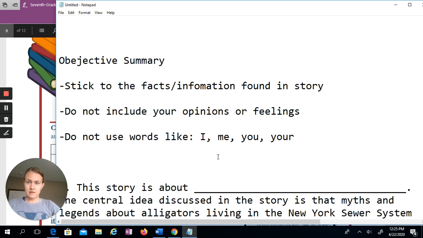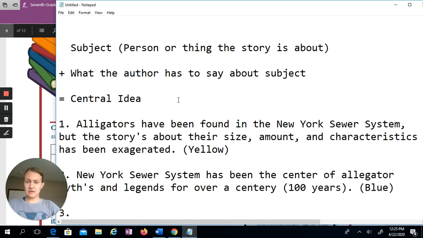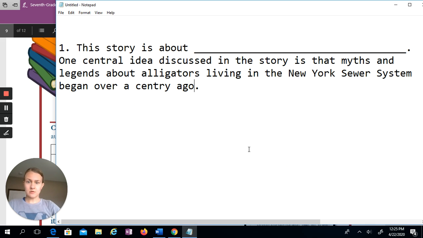Now I'm going to look here at my next central idea, and I'm going to include that. I'm going to make it flow, so I'm going to add a transition word.